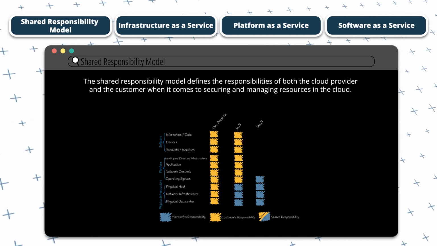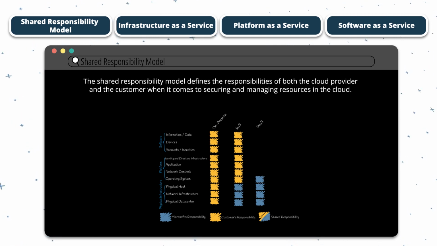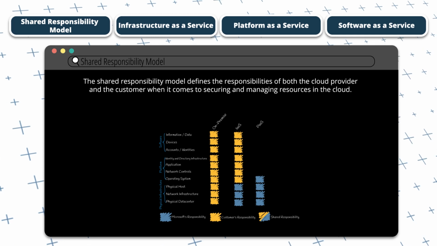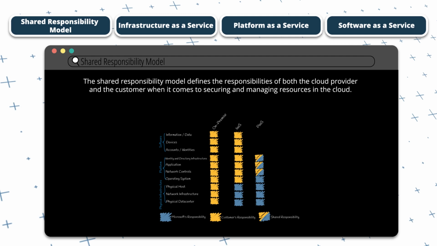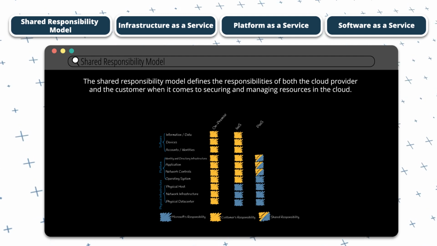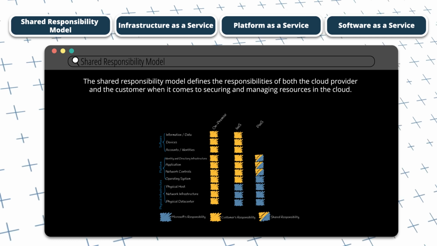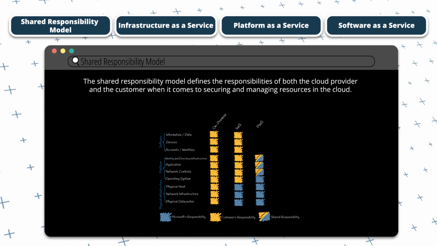Additionally, Microsoft takes responsibilities for the operating system. But then the responsibility is shared between the customer and Microsoft when it comes to network controls, applications, and identity and directory infrastructure. And then the remaining elements are the customer's responsibility.